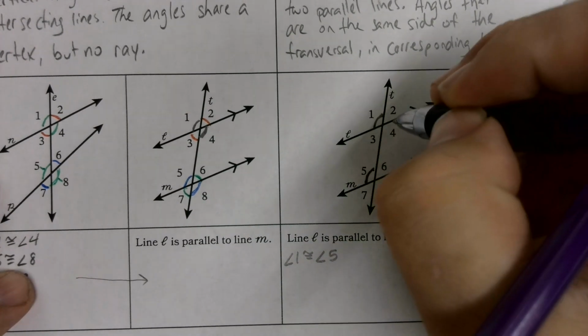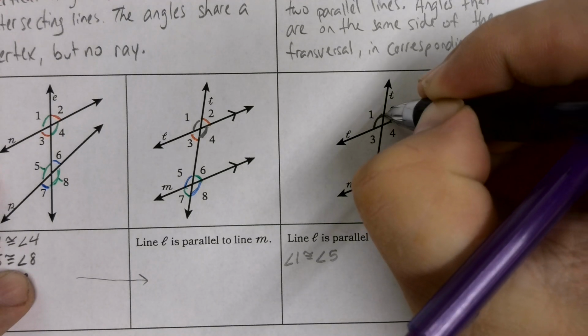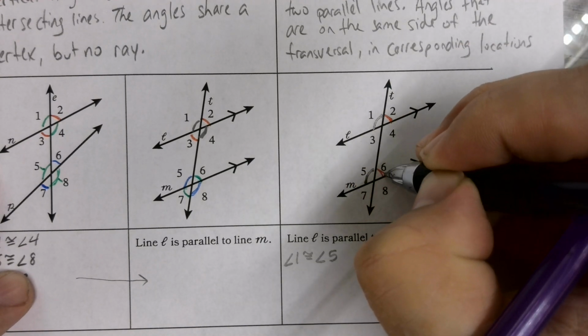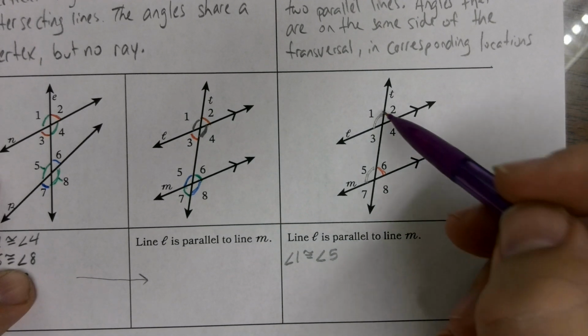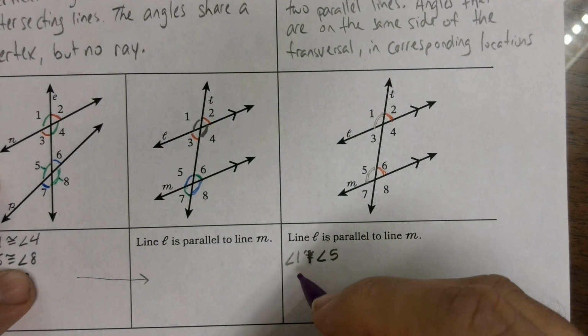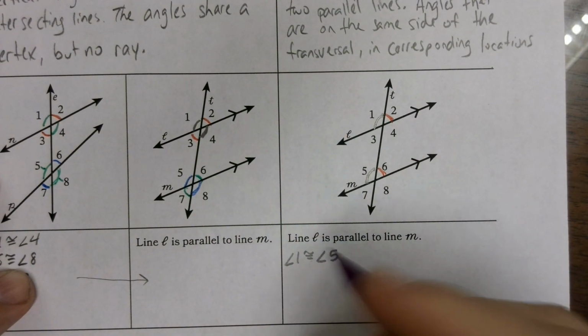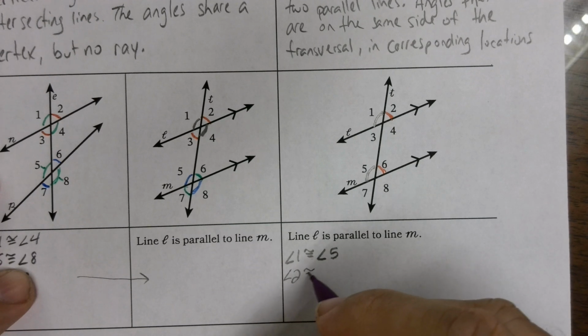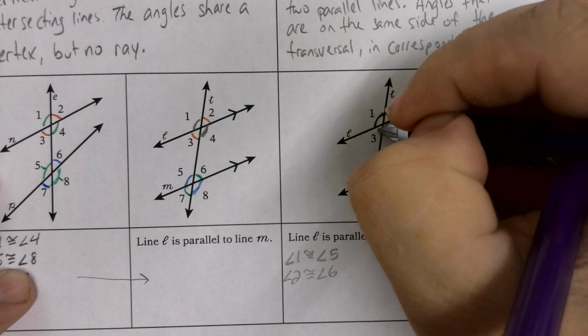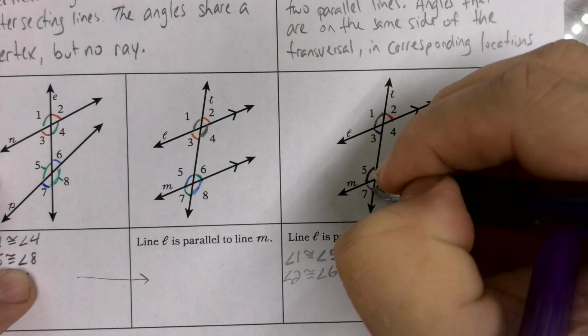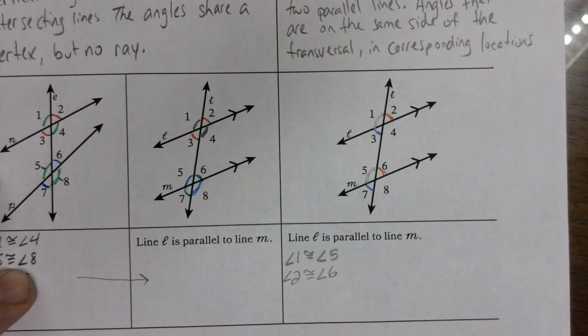Okay. Angle 2 and angle 6 are in the same location in the different parts. So we would say angle 2 is congruent to angle 6. We have angle 3 and angle 7. They're in the same spot.